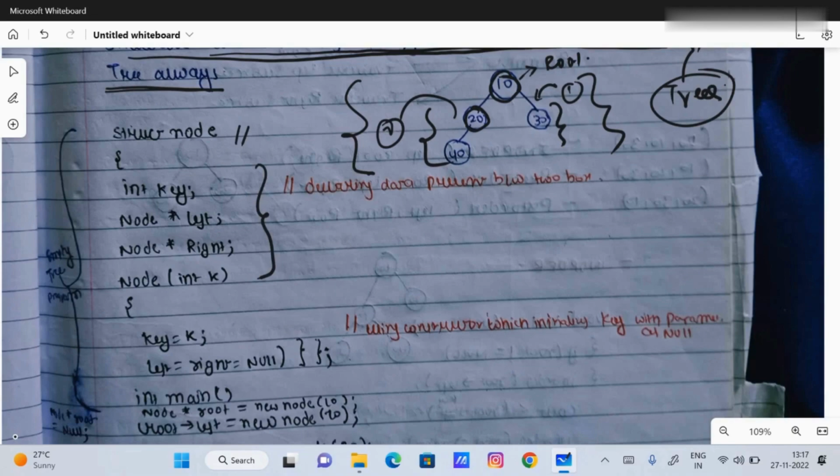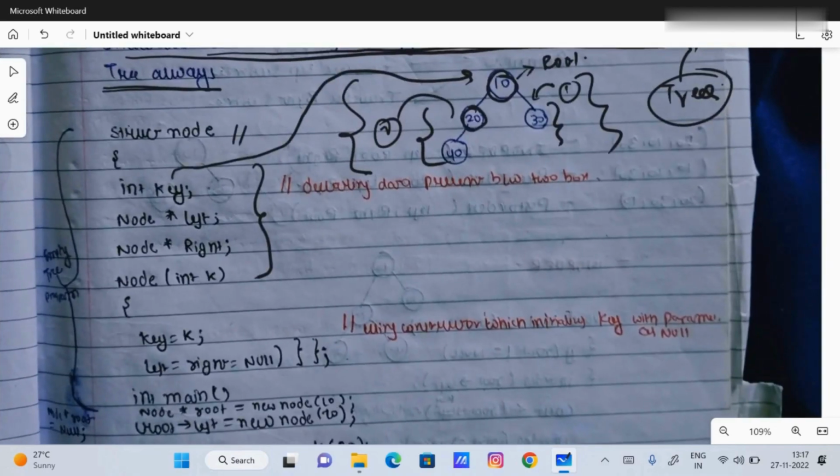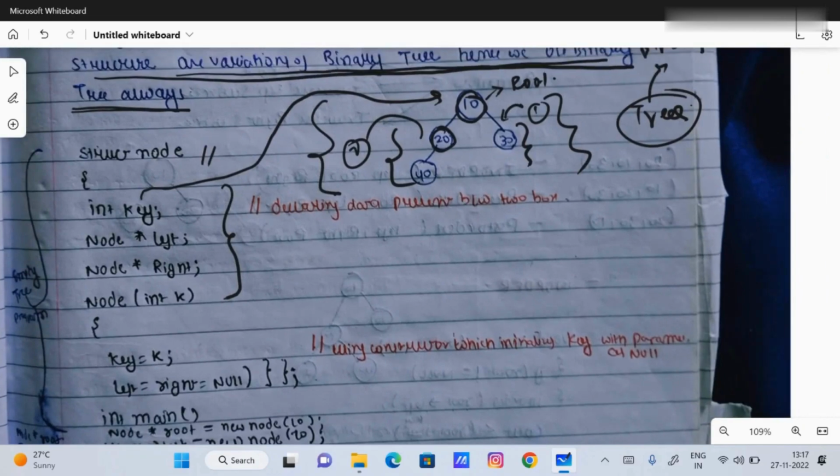Struct node, with int key. Here I am defining key as the root node. We will see it later, in the last of the algorithm. So I have taken a basic structure of struct node. Thereafter, I have initialized key as the root node, int key. Thereafter, I have made the left subtree node, the left node.